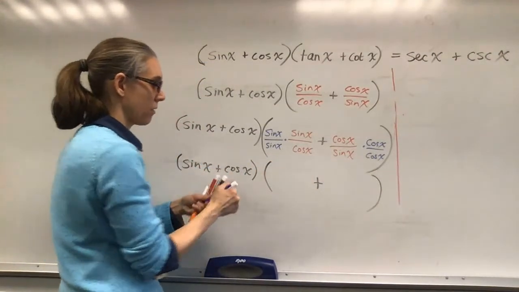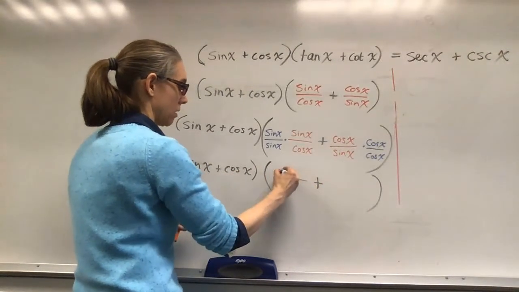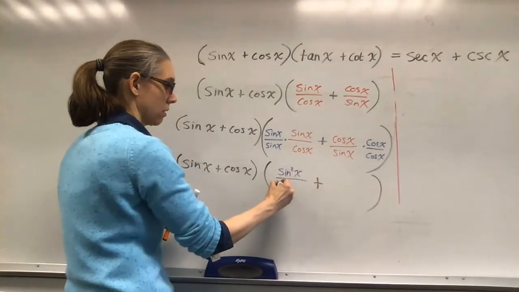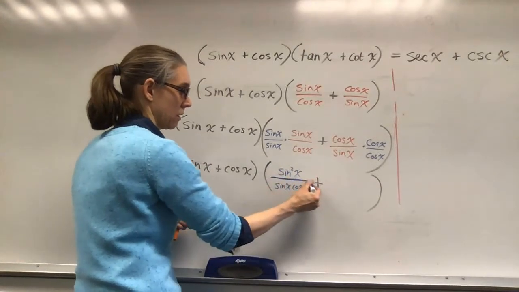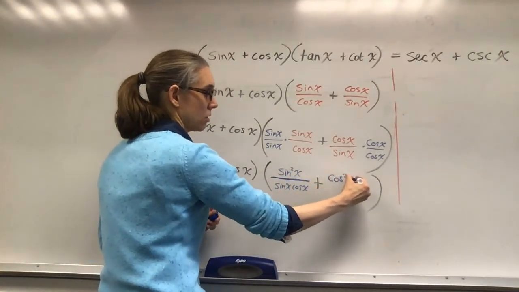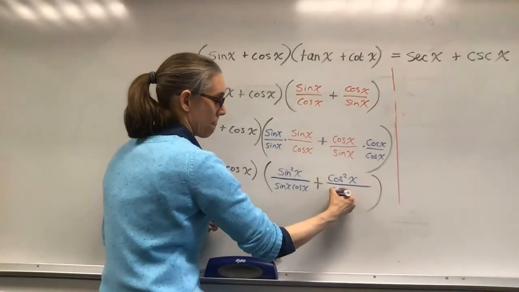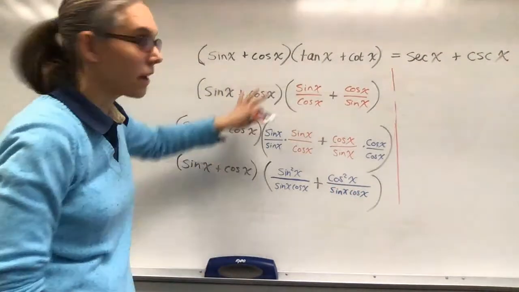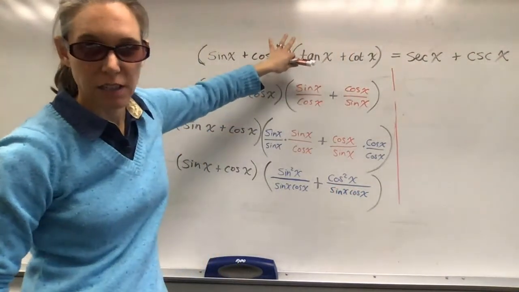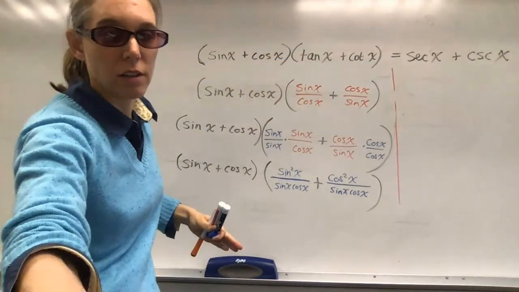So now I have a sine squared x over sine x cos x and a cosine squared x over sine x cos x. And I saw that in my mind's eye as I was thinking about tangent and cotangent and how I could combine them.